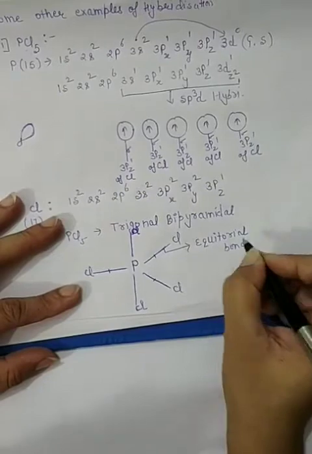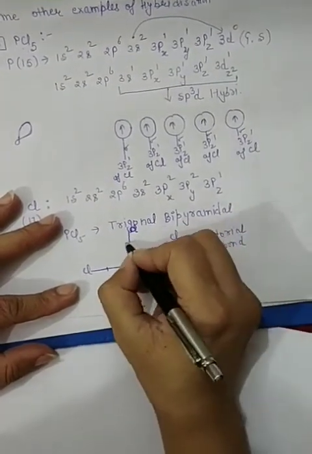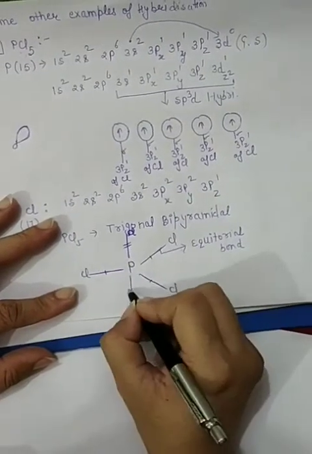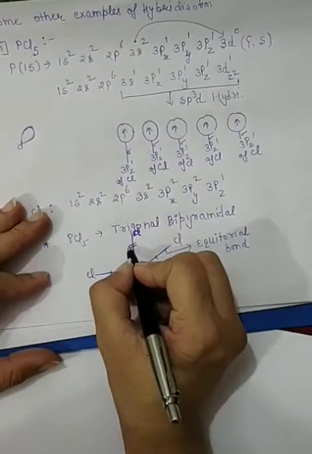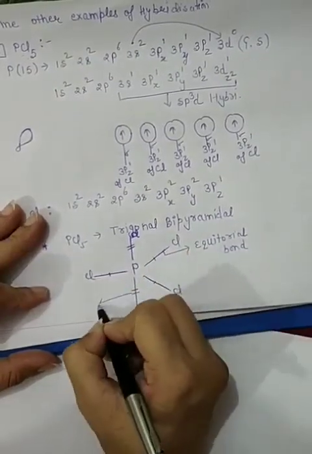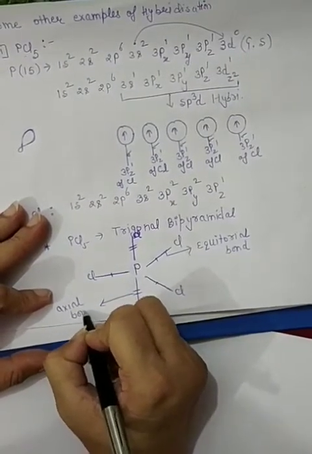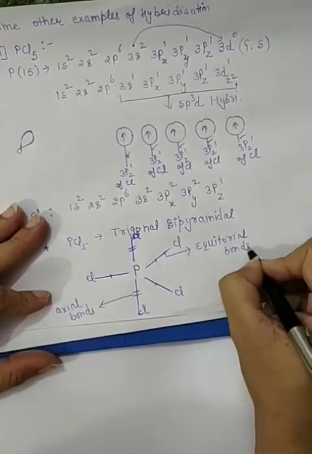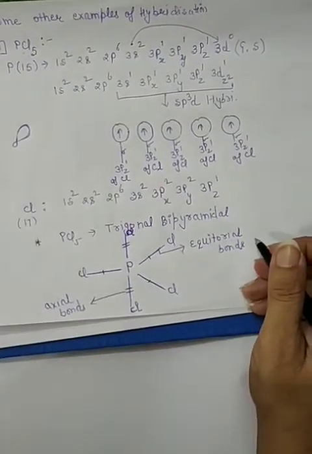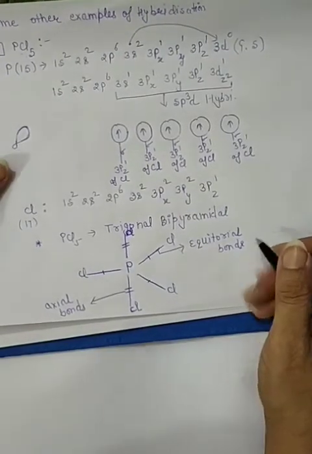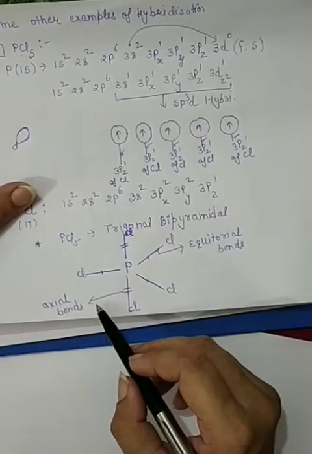So there are 3 equatorial bonds in PCl5, and the bonds shown above and below are called axial bonds. These are the axial bonds. So there are 2 types of bond in PCl5. One is equatorial and the second one is axial bond.